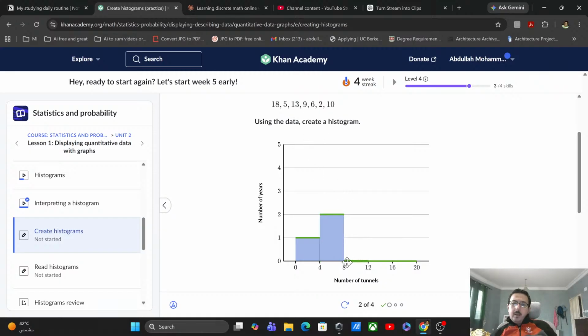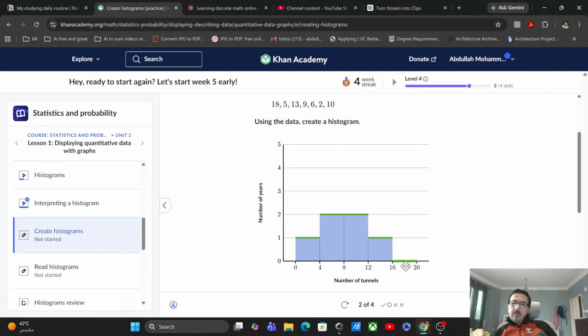From 8 to 12: 9, 10, 2. From 12 to 16: 13.